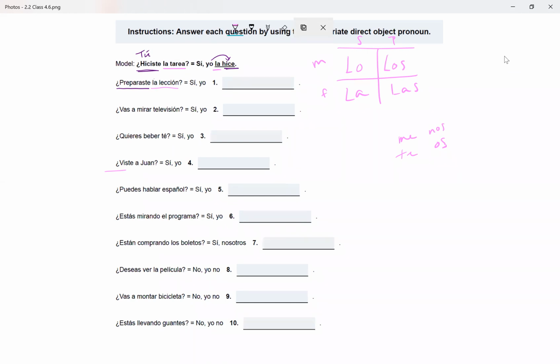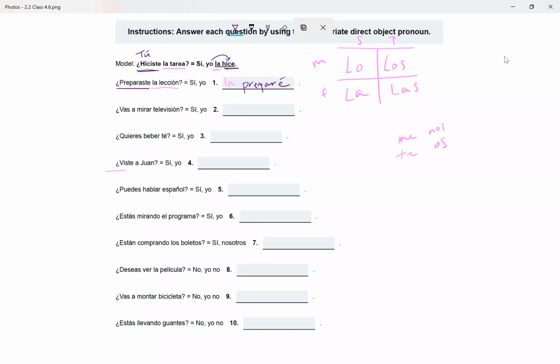So what are we going to put instead of la lección? Just la. And for our verb, we need to change it to the yo form. So what are we going to have? Preparé. Perfect. Sí, yo la preparé. All right. So the only part that you guys have had to do so far with the direct object pronouns is replacing. And this one we're just adding another step because we're making it more useful by also changing the verb. Okay.